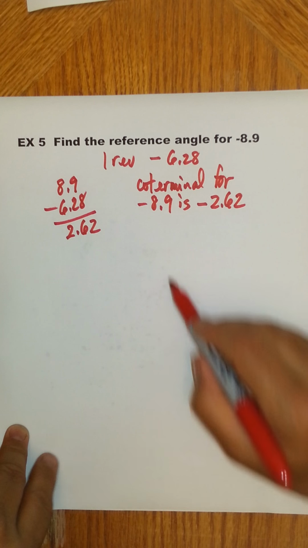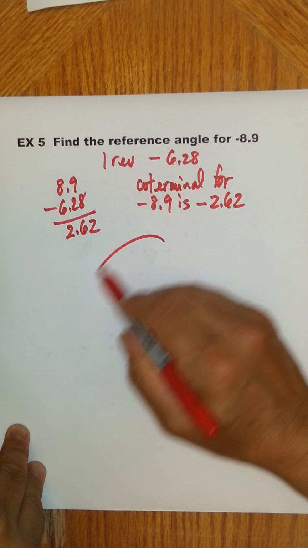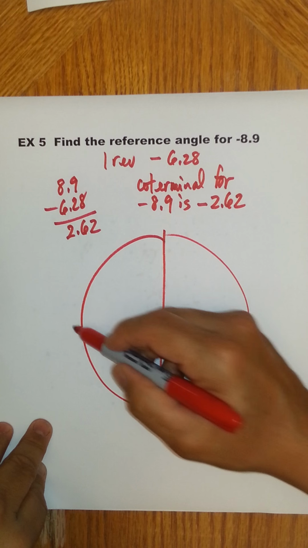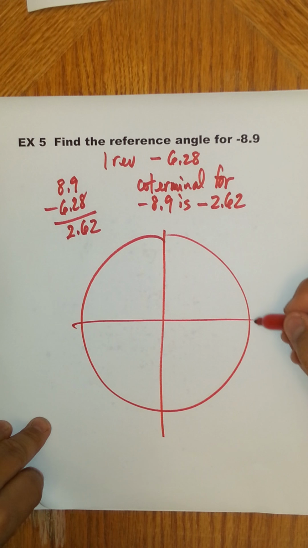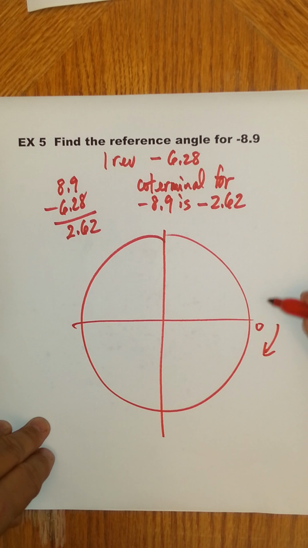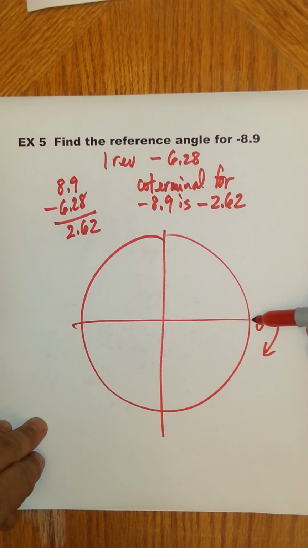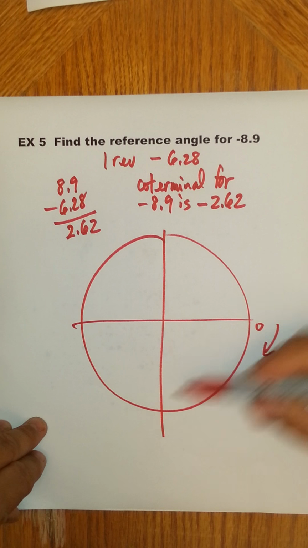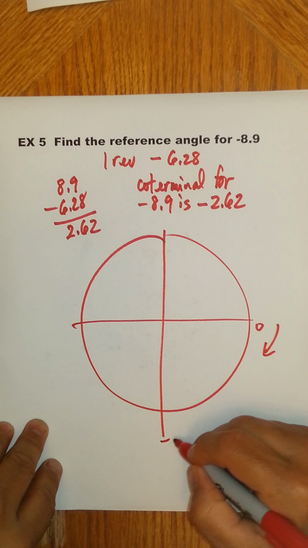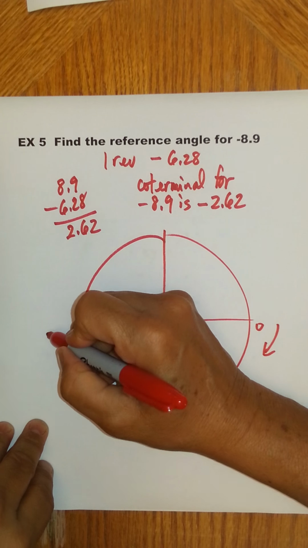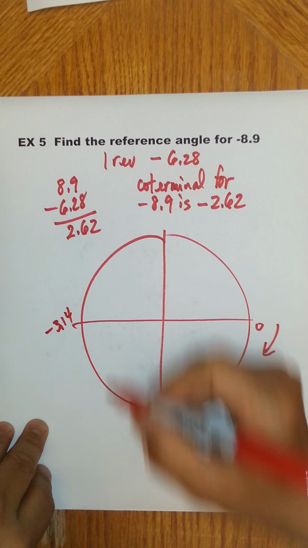All right. So what's happening then is I'm rotating in the negative direction, starting at 0. All right, and I go all the way around. That would be negative 6.28, and then I keep going another negative 2.62. So I know this is negative 1.57. This is negative 3.14.